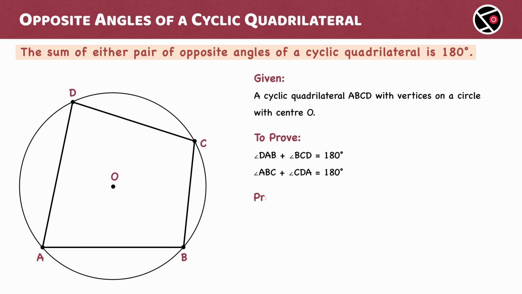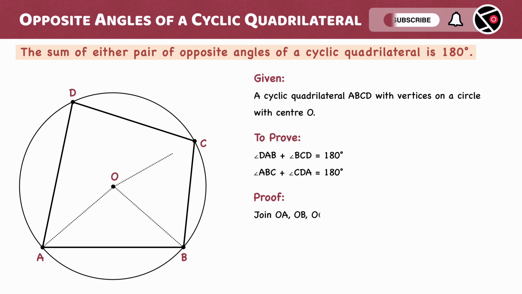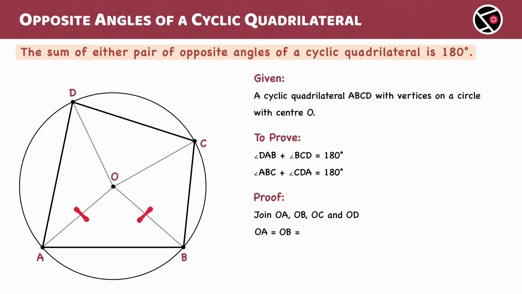We start the proof by joining OA, OB, OC and OD. OA, OB, OC and OD are equal. All are radii of the same circle.